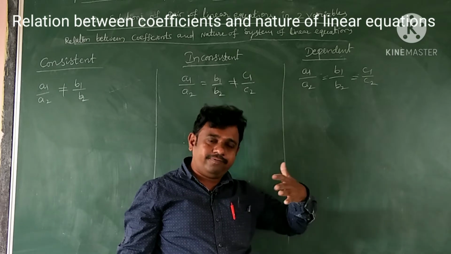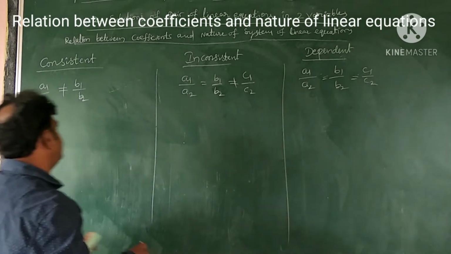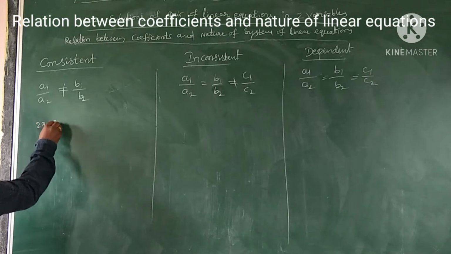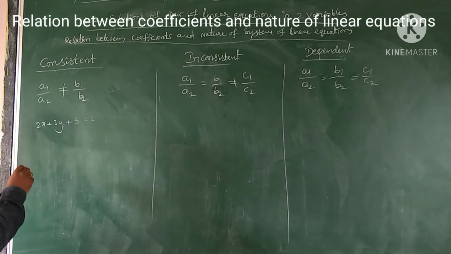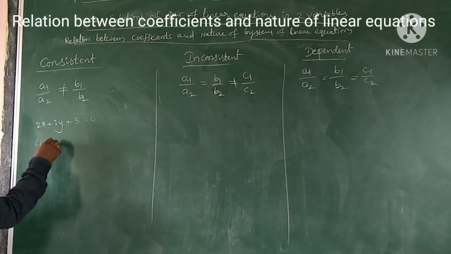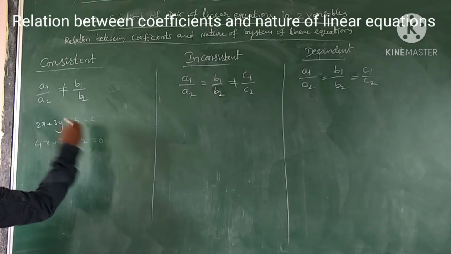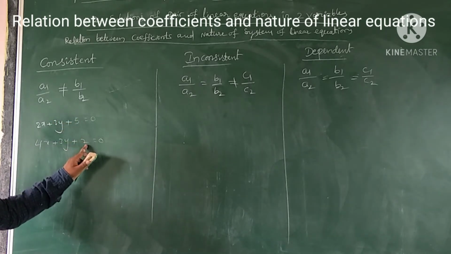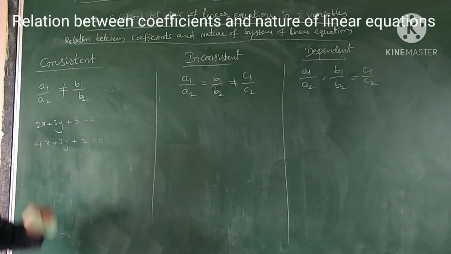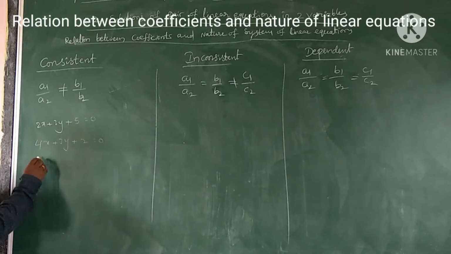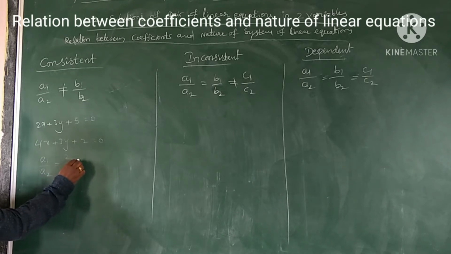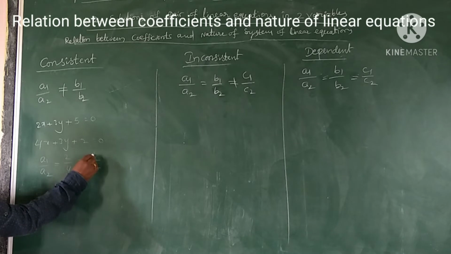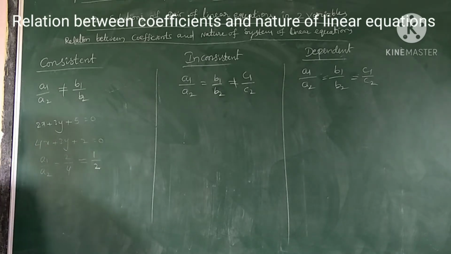I write an example for these. Take 2x plus 3y plus 5 equal to 0 and 4x plus 3y plus 2 equal to 0. This is a pair of linear equations in two variables. Compare coefficients. a1 by a2 is equal to 2 by 4, which is 1 by 2.